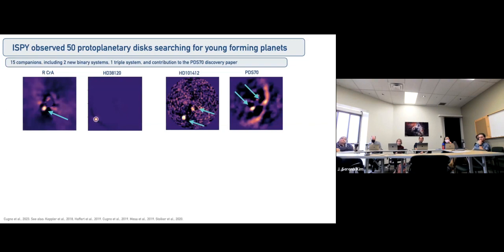So we detected 15 companions, mostly binary systems, including 2 new binary systems that are shown on the left-hand side, and another triple system. This is new, HD 101412. It's a binary system with a brown dwarf companion that is orbiting the binary system, so it's a circumbinary companion.